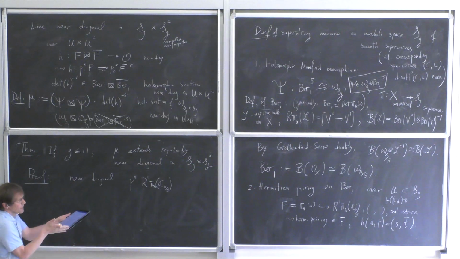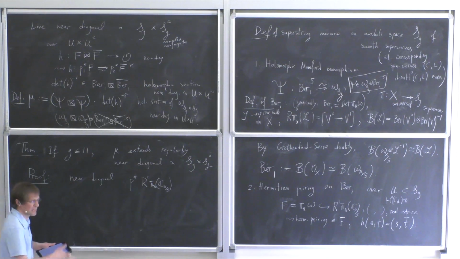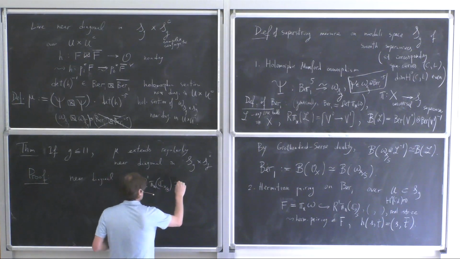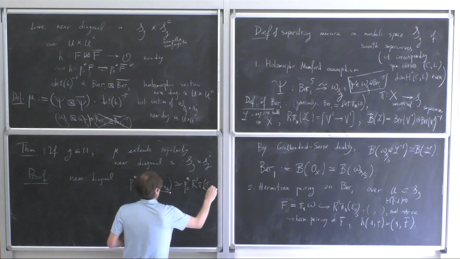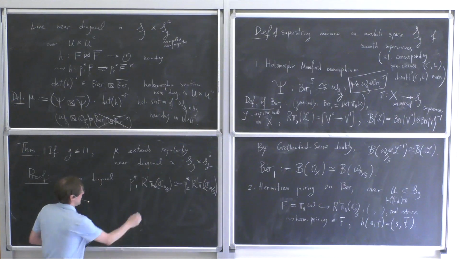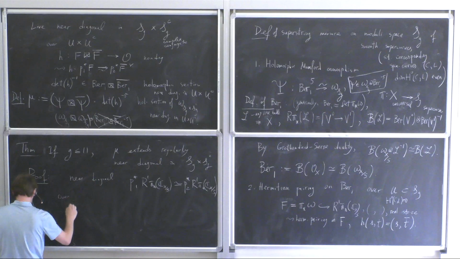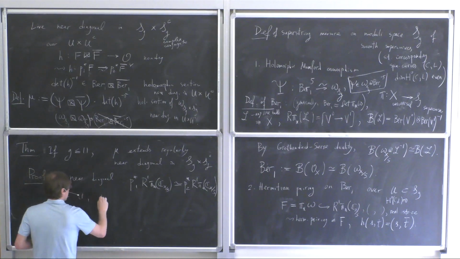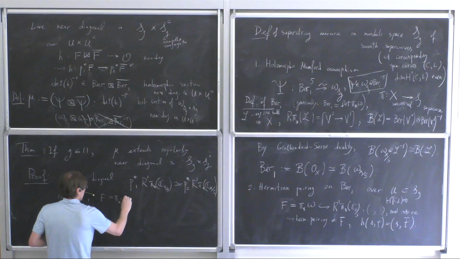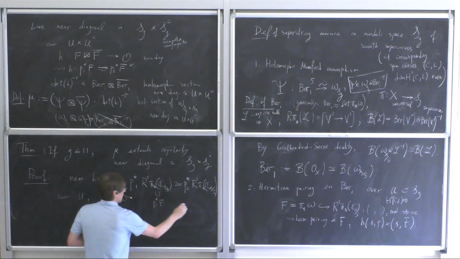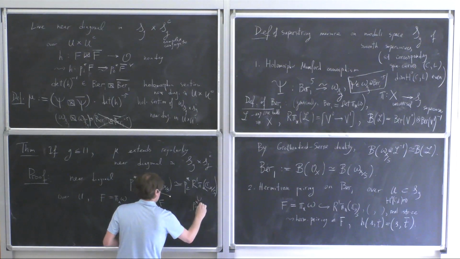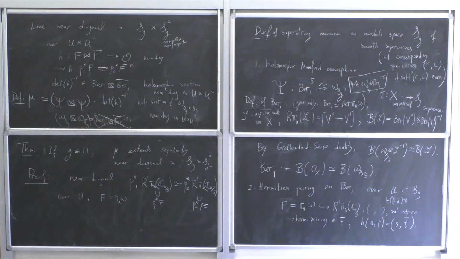If the curves are either the same or at least close to each other, we can identify their H1s. And therefore over U we have our subbundles F. Here we have P1 star of F, and here we have P2 star of F bar. So we can view them as sitting inside the same symplectic bundle.